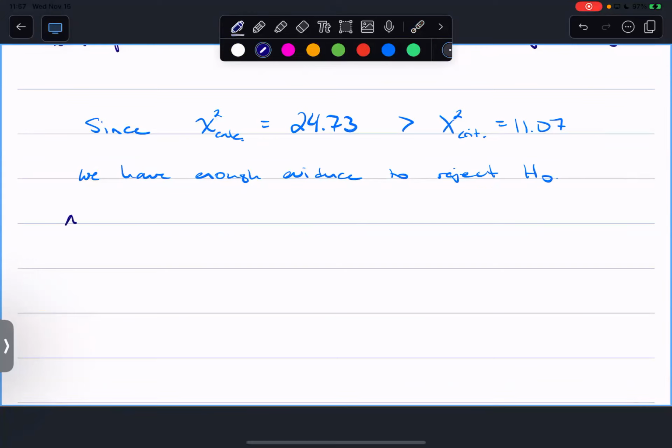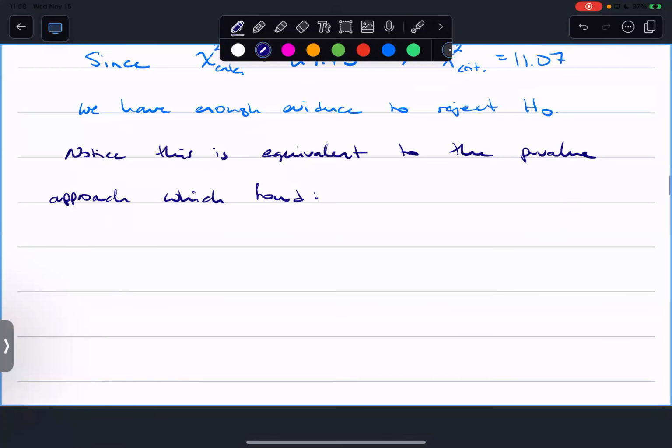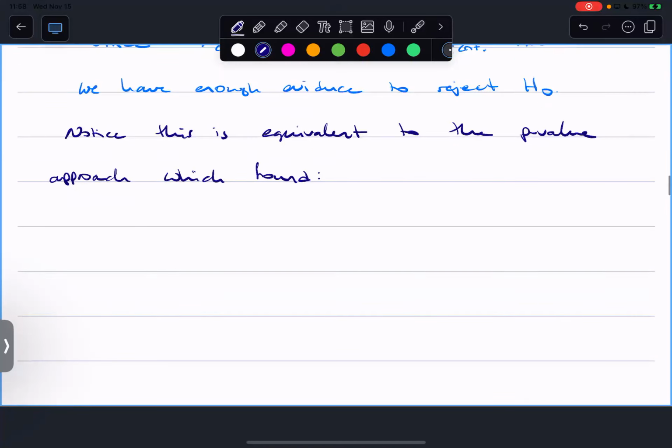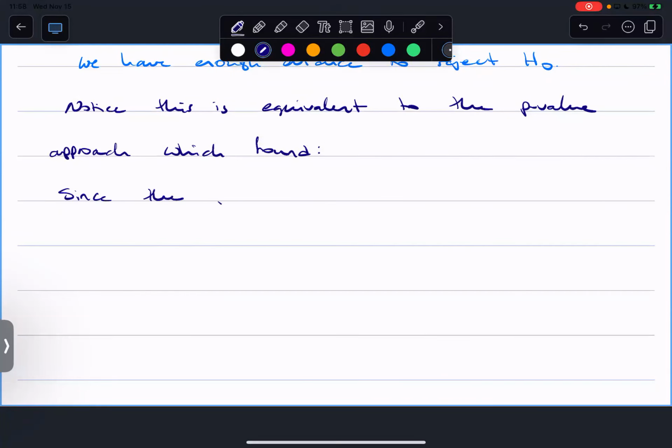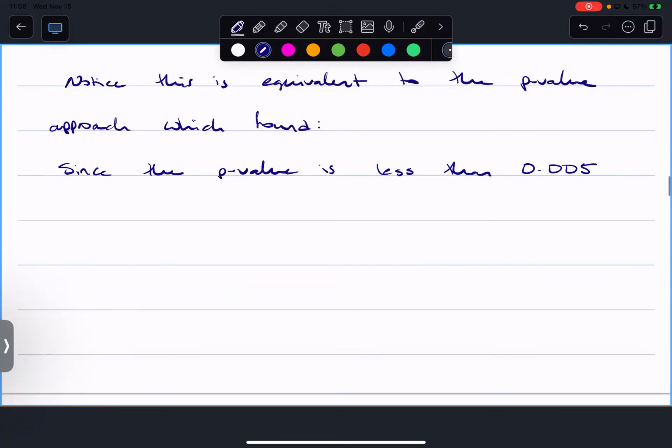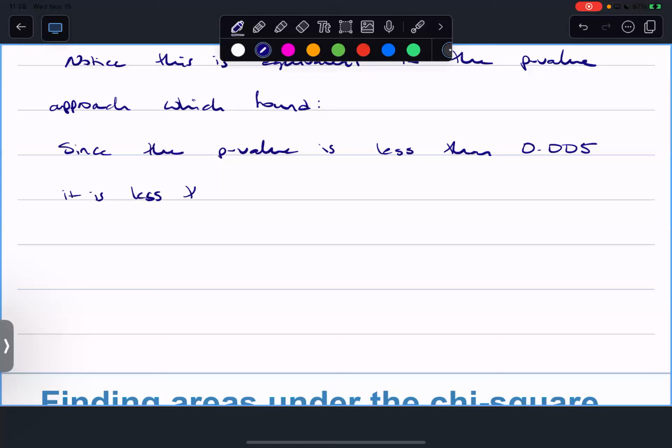So notice this is equivalent to the p-value approach, which found, since the p-value is less than 0.005, it is less than the assumed alpha level, oops, of 0.05, which means I have enough evidence to reject H naught.